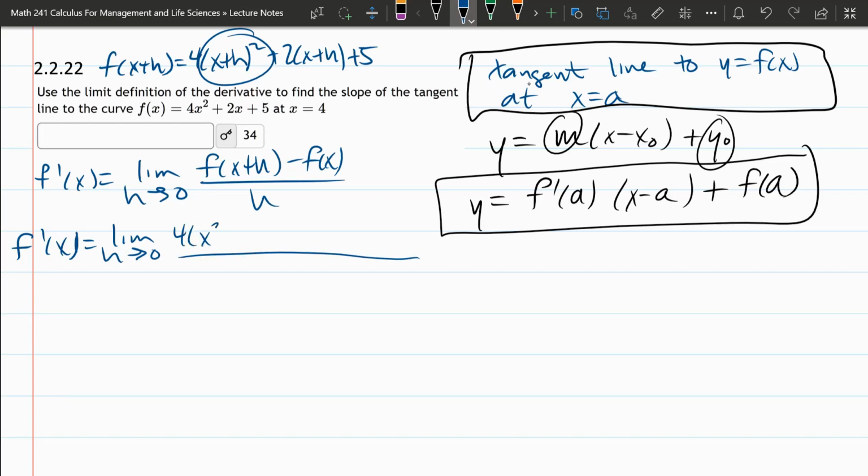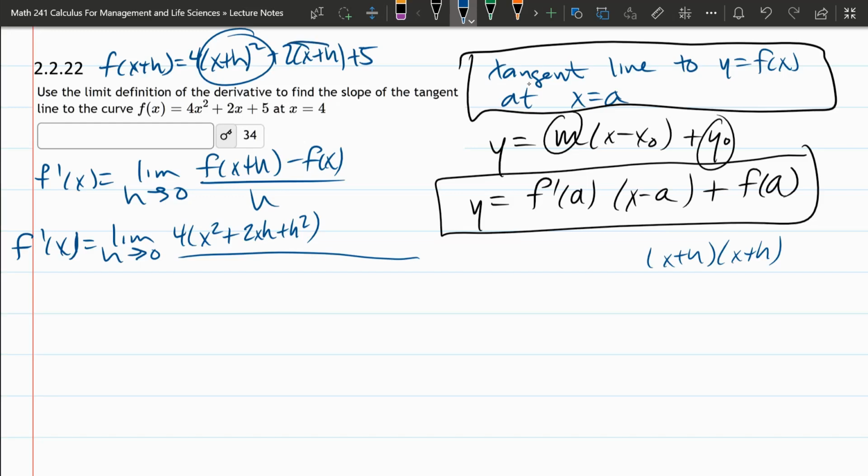So it's 4 times x squared plus, now x plus h times x plus h, you have to FOIL it out. If that's tricky, no problem. Just write it out over here and FOIL it. So x times x is x squared. Outside is xh. Inside is xh. So plus 2xh plus h squared.